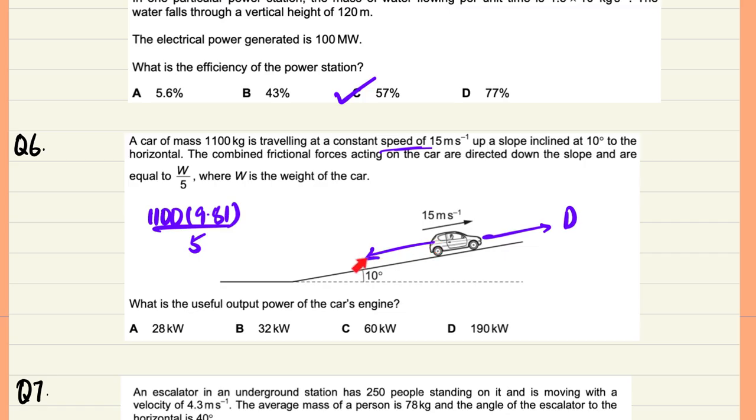There is the sine component of the weight down the slope, which is mg sine theta. So 1100 times 9.81 times sine 10. Now because of constant speed, this is basically what D would be equal to. So we find D from here and then we multiply by the value of the velocity. So when you do this, this should turn out to be option C.